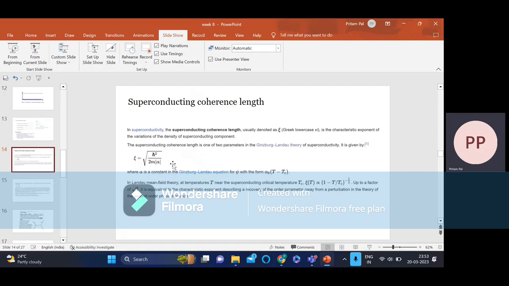Please remember this formula, because the superconducting coherence length is one of the two parameters of Ginzburg-Landau theory of superconductivity. It's given by root over h-bar square by twice m times mod of alpha, where alpha is the constant in the Ginzburg-Landau equation for psi, with the form alpha naught times T minus Tc, in the Ginzburg-Landau theory at temperature T near the superconducting critical temperature Tc.